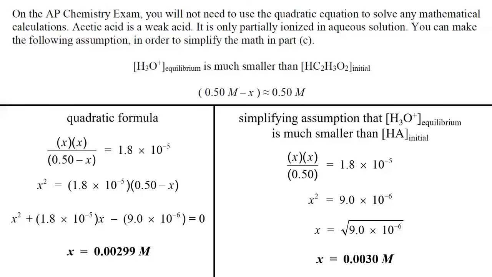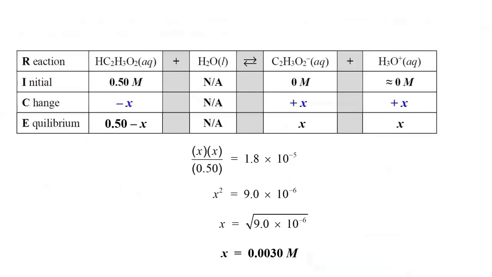You can see that those numbers are almost identical, 0.00299 and 0.0030. So that was a reasonable assumption that definitely makes the math easier. So on the AP Chemistry exam, you will not need to use the quadratic equation. So that is the concentration of the hydronium ion at equilibrium in this solution of 0.50 molar acetic acid.